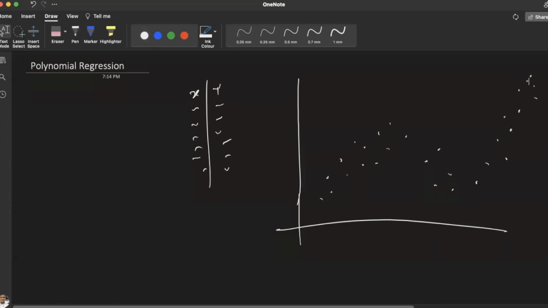Right. So if the data looks like this, and I simply want to cover it by a line, tell me which line should I draw?